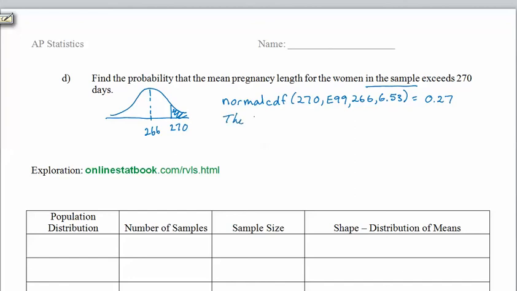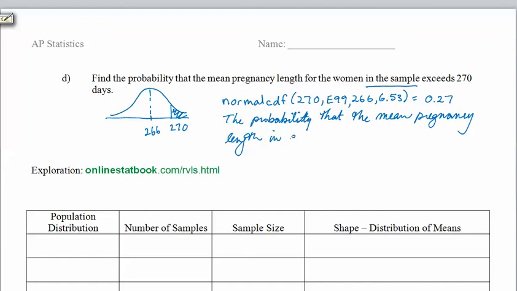And our conclusion is the probability that the mean pregnancy length in our sample, so that's the key, exceeds 270 days is 27%.